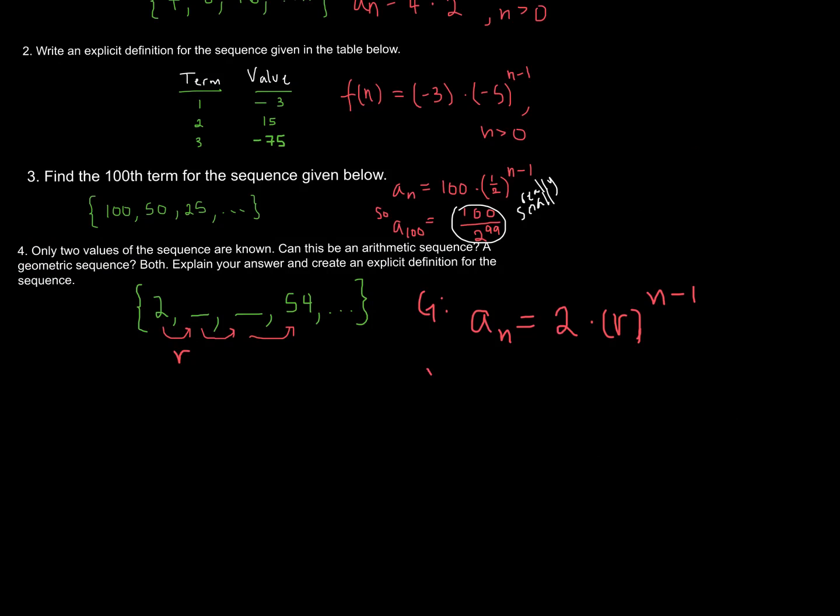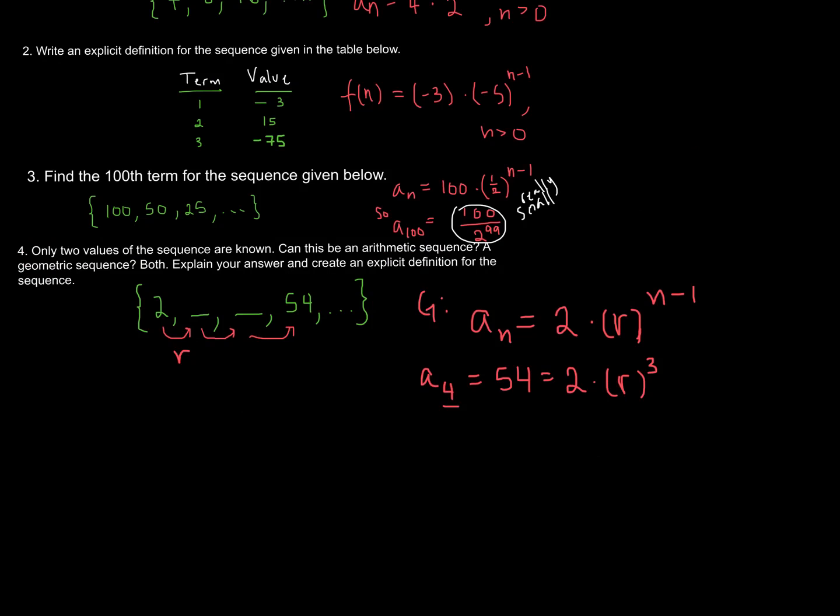And we know the 4th term, right? We know that a sub 4 is 54, which has to be equal to 2 times r to the n. This is a sub 4, so it's 4 minus 1, or 3. So what we're looking for is what is the r value that will satisfy this equation.